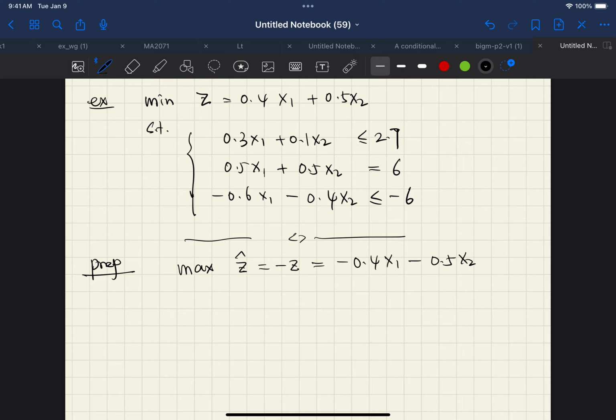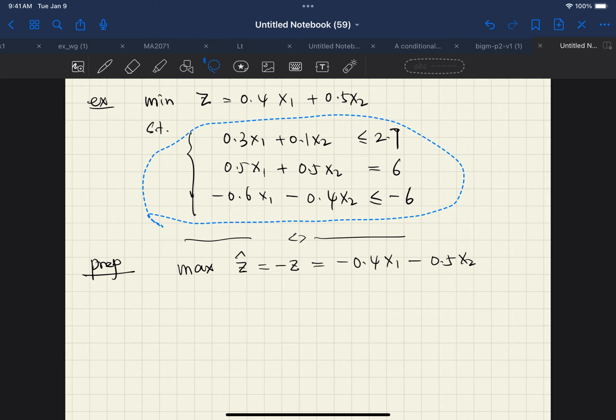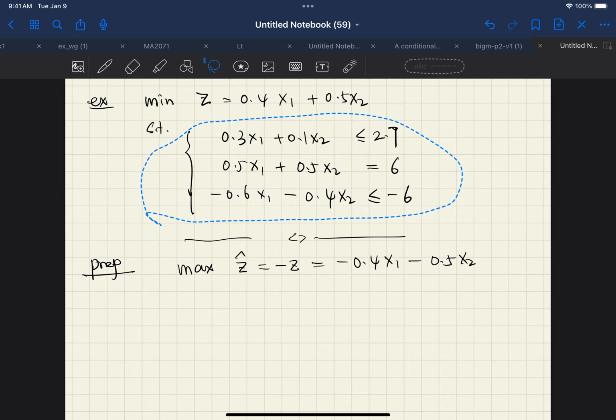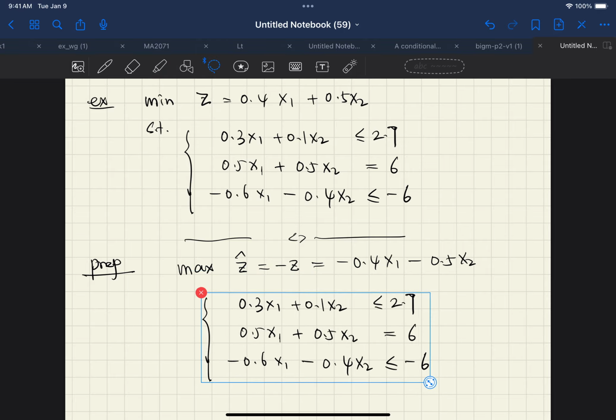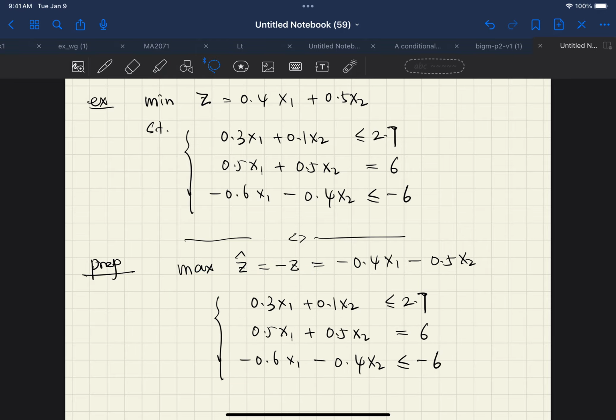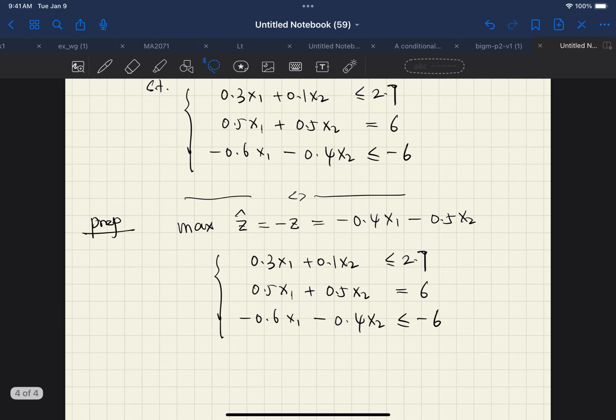And for this inequality, xi greater than or equal to 0.